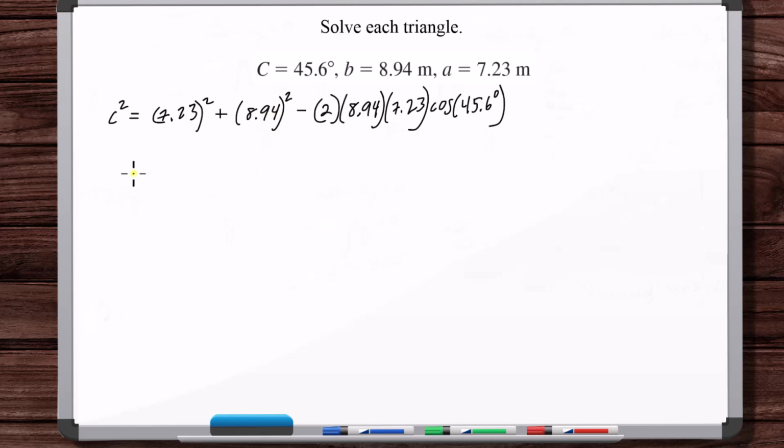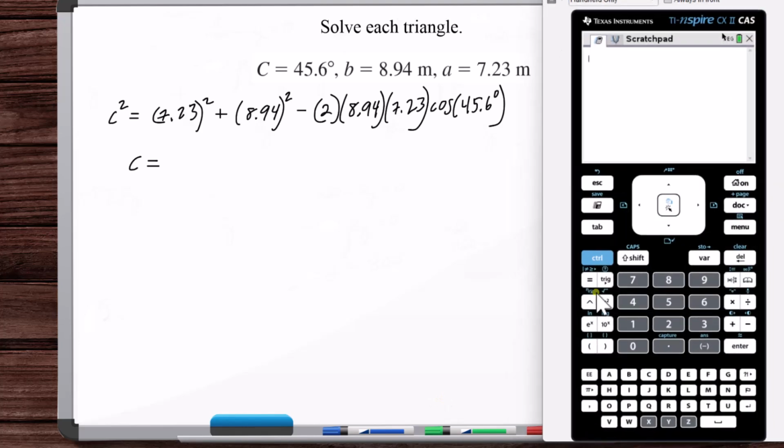Okay? So C is going to be equal to, all right, cosine of 45.6 times 7.23 times 8.94 times 2.